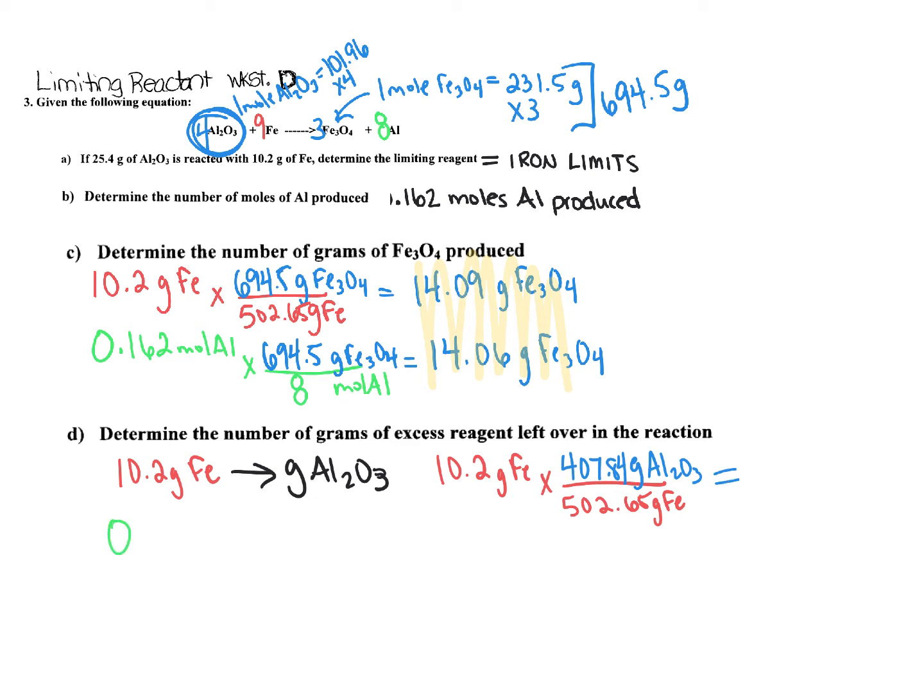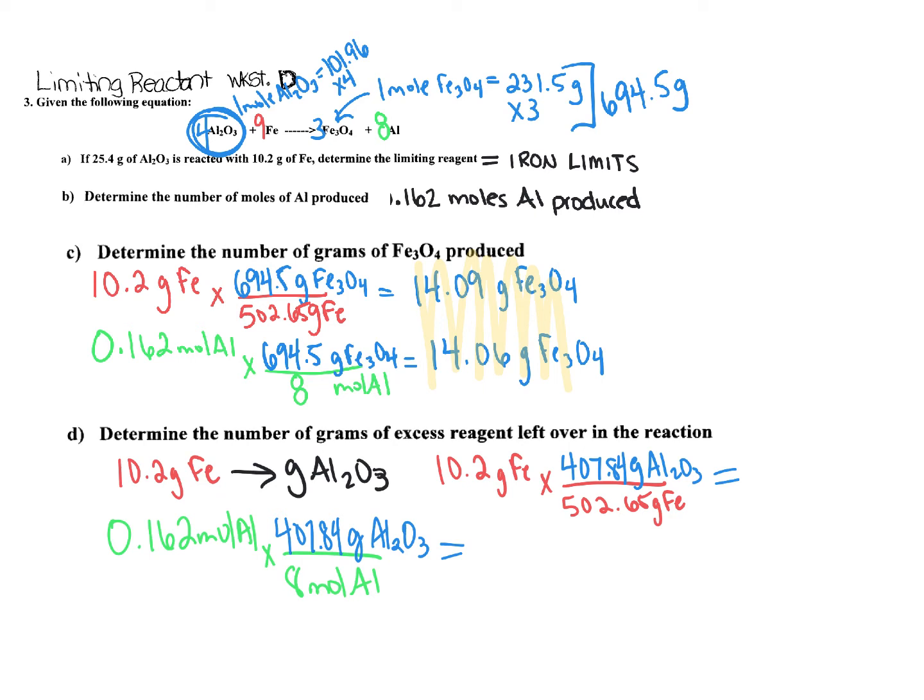I could also take my 0.162 moles of aluminum, and again, I know that I need 8 moles of aluminum, but I need to find out how many grams of aluminum oxide do I need. Well, I just figured that out. I need 407.84 grams of it, and I could solve for that way.